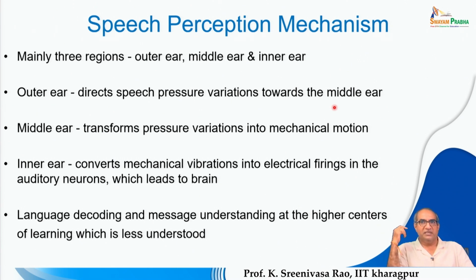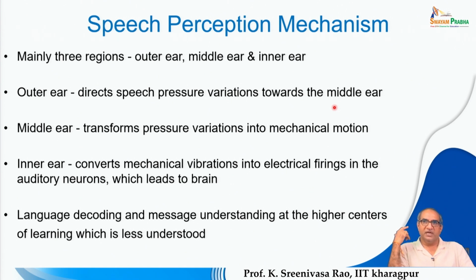So the direction of the sound source is mainly determined by the outer ear, because of its specific structure.